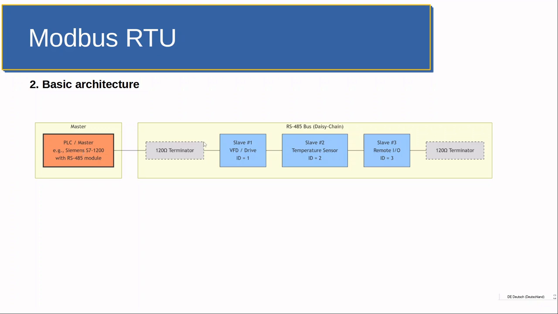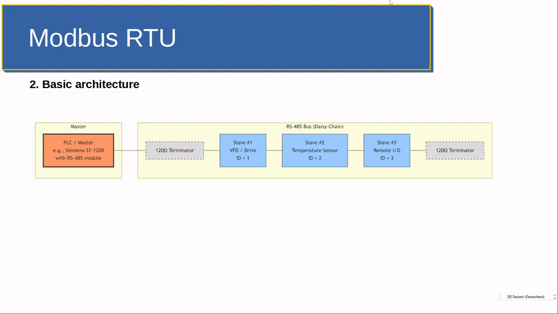And then have, for example, 3 slaves, and each of the slaves should also have an RS485 module. We have, for example, a temperature sensor, a remote input-output, and a drive, which are daisy chained, and they can respond to requests from the master.